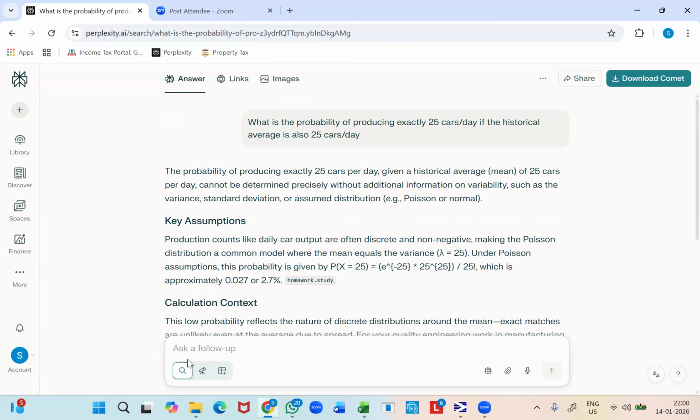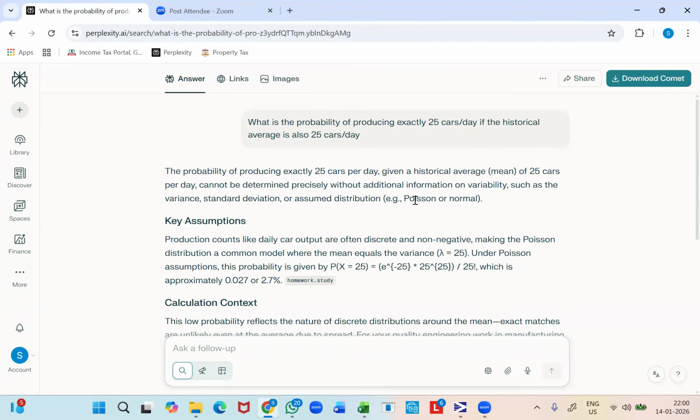So these are some of the discrepancies that we will face when we use the AI tool. Still, I think it's work in progress. In some of the advanced statistical exercises, we do get some incorrect answers, right?